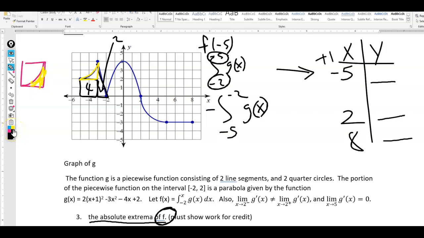So what would the area of the square be? Well, that would be 4, right? Then what would the area of the quarter circle be? Well, that would be pi times the radius, which in this case is 2, squared, divided by 4.